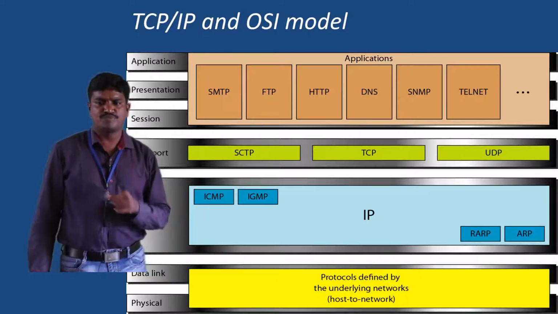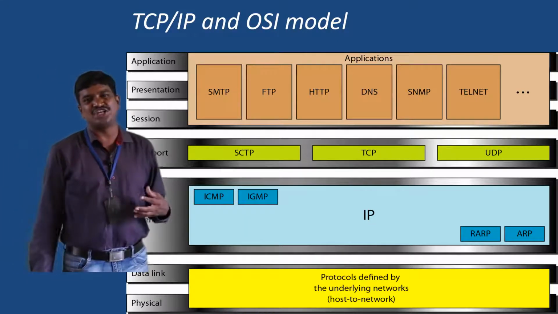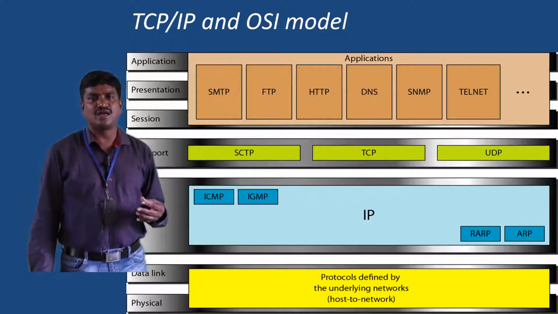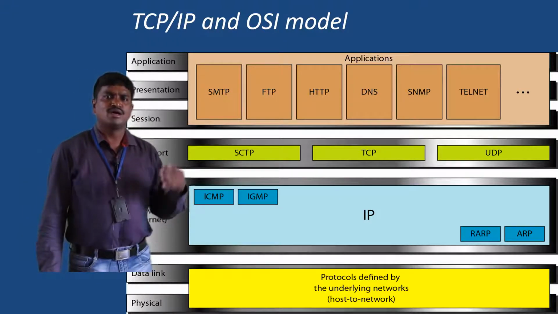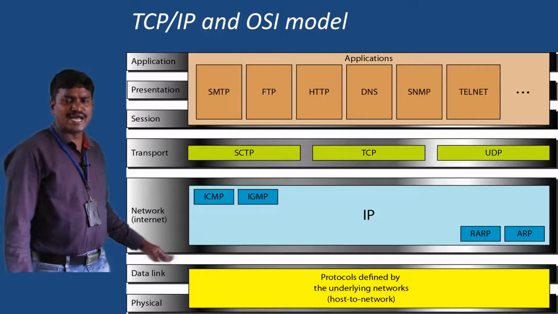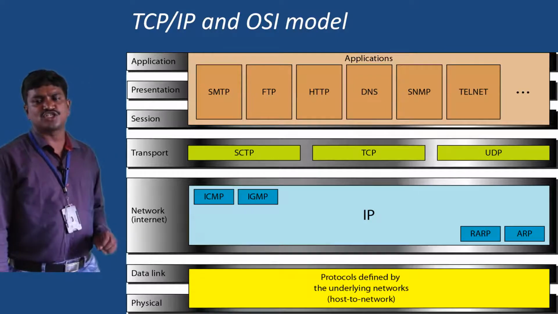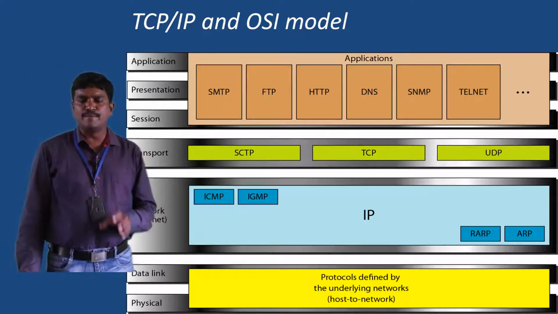So this is about one more layer in TCP/IP, that is the network layer, which in general we call the internet layer, or it is also known as the network layer. And coming to the data link layer, the data link layer functionalities and physical layer functionalities are collectively implemented in TCP.